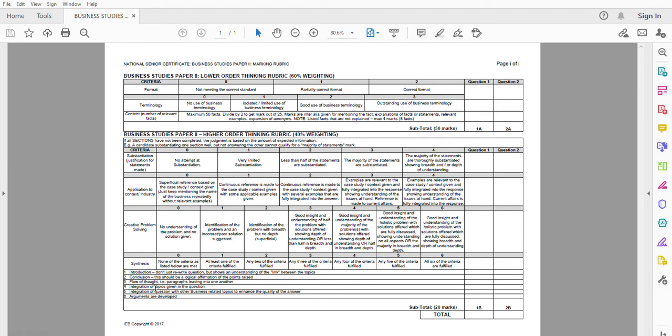Right, then number 5, integration of question with other business related topics to enhance the quality of the answer. Right, so here, just make sure that you're going broad and you're going deep on different business related topics.